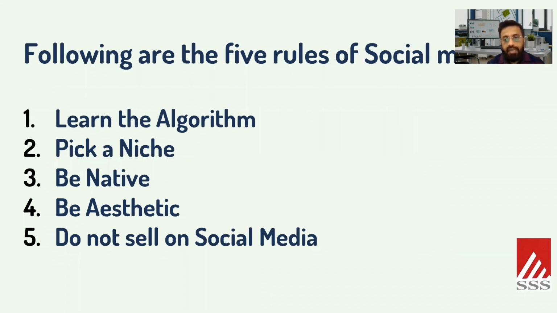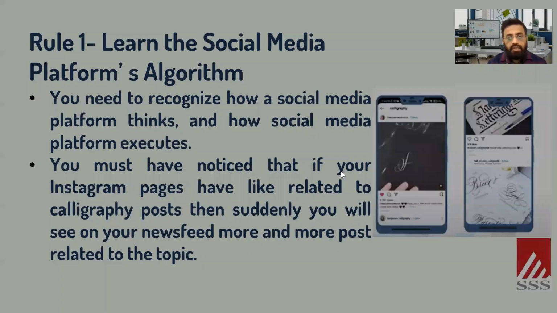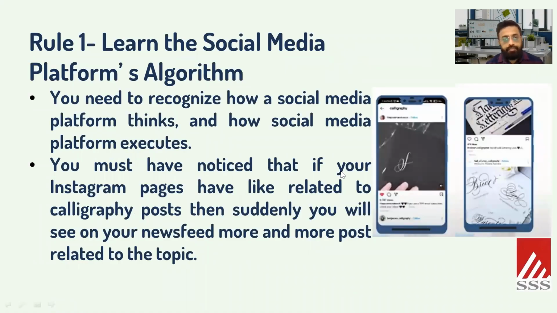Then we have to be native to that platform. Then we have to be aesthetic, because anything that looks good sells more. So you have to be very aesthetic on social media. And the most important thing is that you should never sell directly on social media. So let us come one by one.